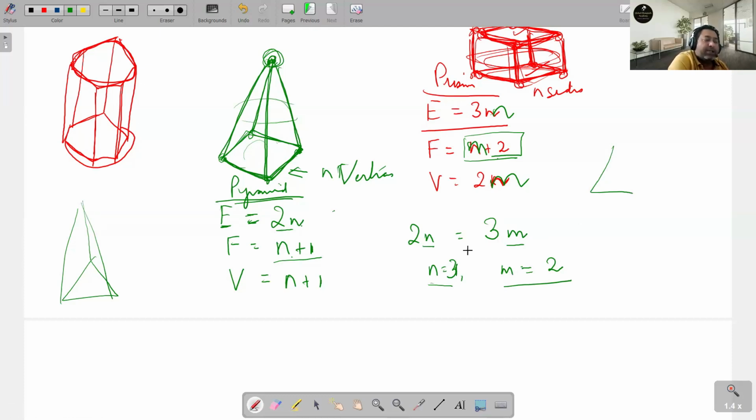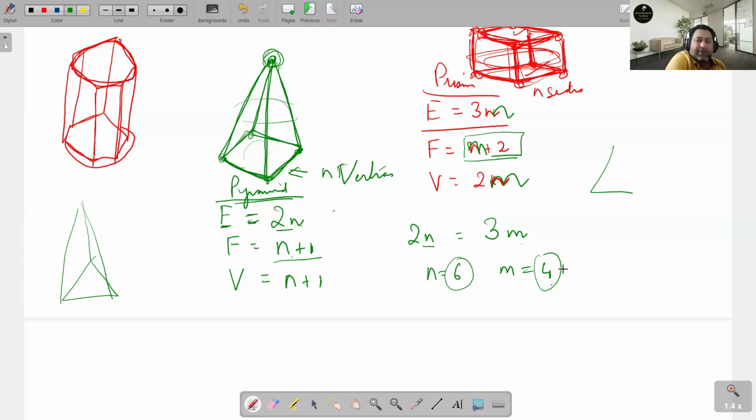So then we have to take the next multiple of their LCM, which was 6, and work with that. So n can be equal to 6 and m can be equal to 4. Now these two can form polygons, because 6 sides will definitely form a hexagon, and 4 sides will form a quadrilateral.